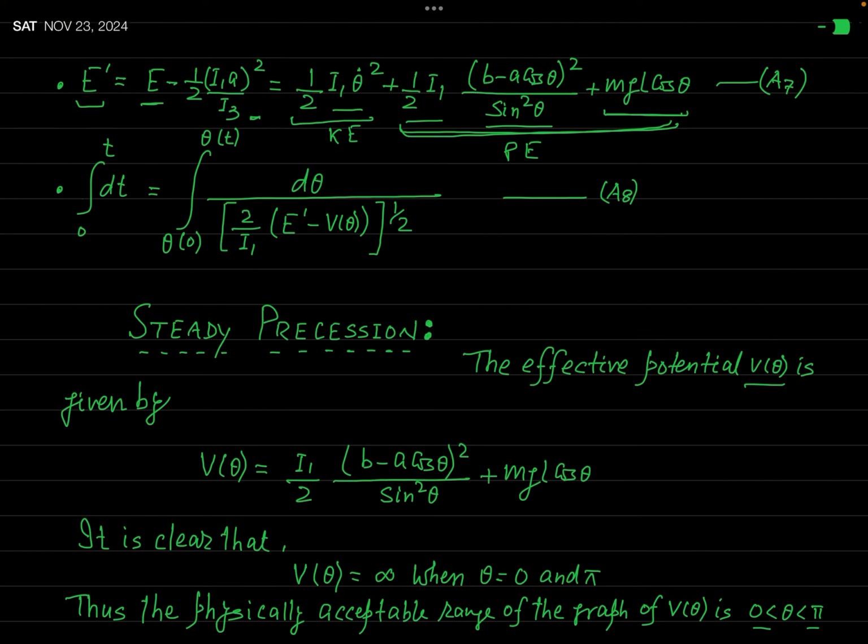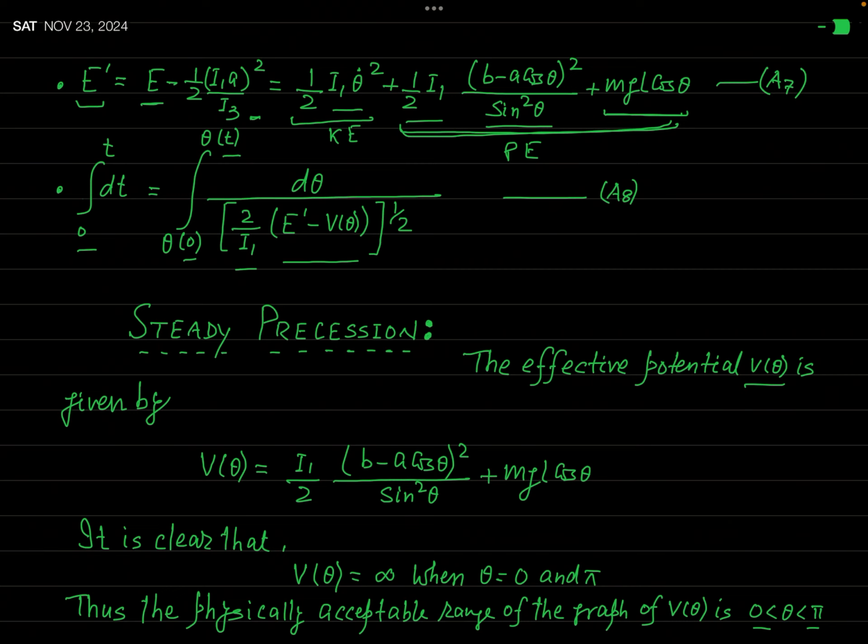After that, you have seen that when we take the integral of dt between 0 and t, this is equal to the integral of d theta over (2 over I1 times (E dashed minus V of theta)) to the power half, between the limits theta when time t is 0 and theta when time t is equal to t.